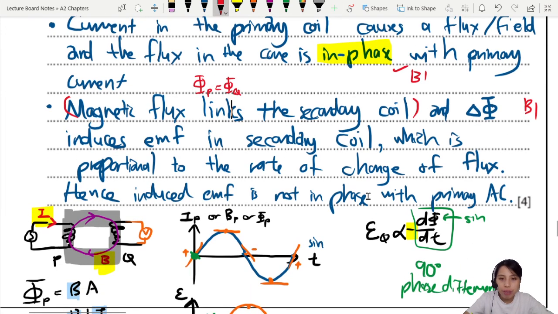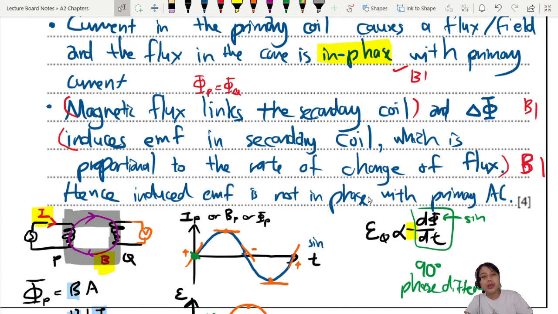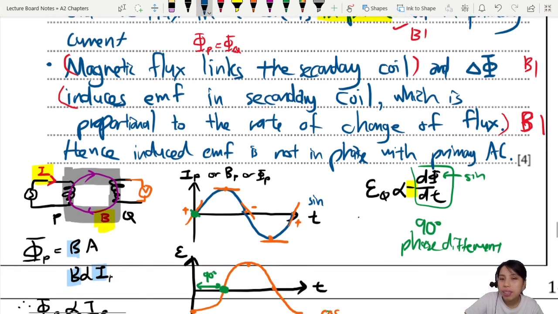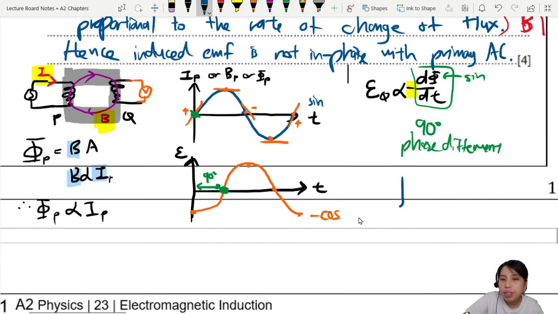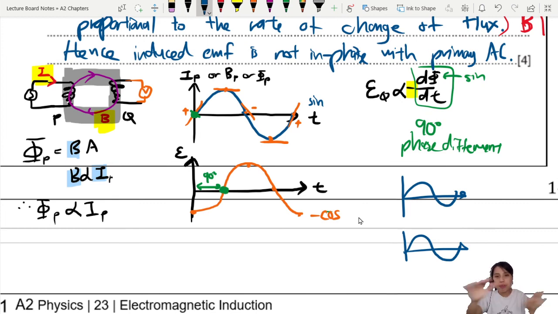So induced EMF is the rate of change. So this whole part, induced EMF, rate of change of flux. Faraday's law. And kind of from there, they assume that you already know that if it's rate of change, there will be a 90 degrees phase difference. So not in phase anymore lah. Cannot have the same phase. Not in phase. In phase means one is like this, the other one also like that. In phase, there's no phase shift or phase difference between both.